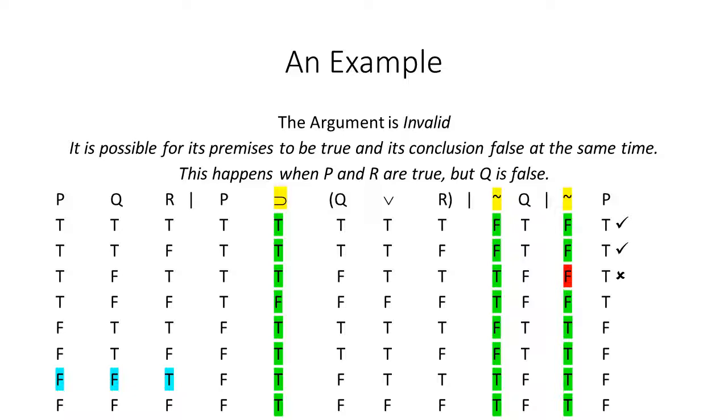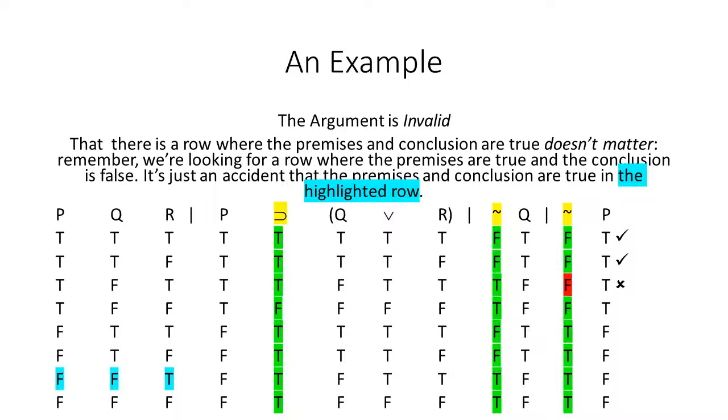It is possible for the premises to be true and the conclusion false, so the argument is invalid. Again, it's just an accident that the premises are true and the conclusion is also true in this seventh line or in the eighth line, if you look.